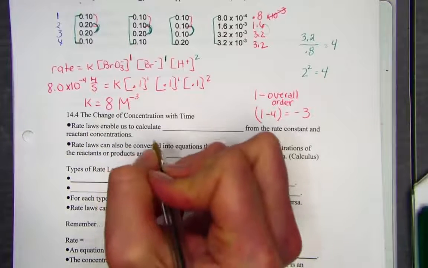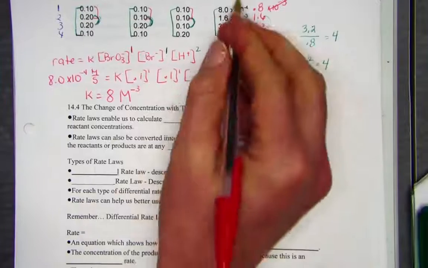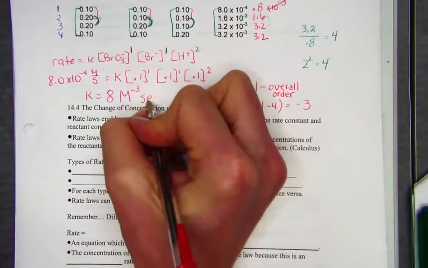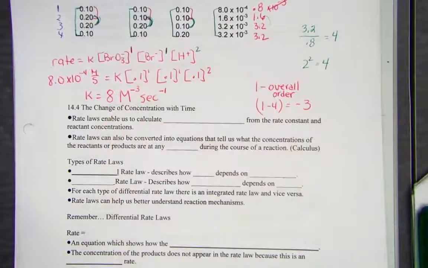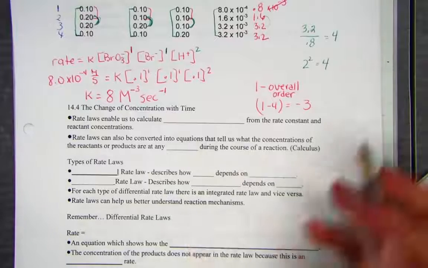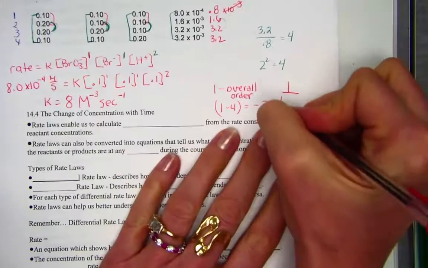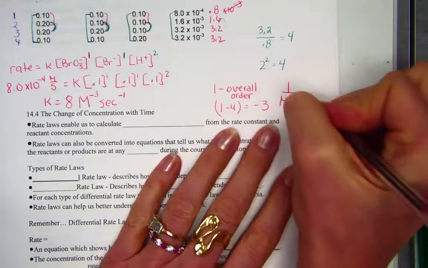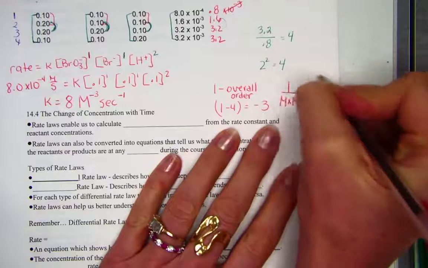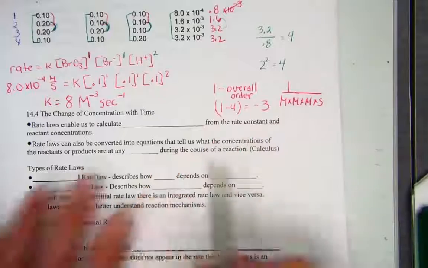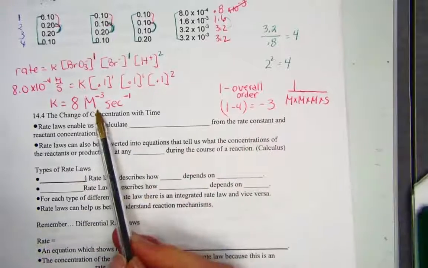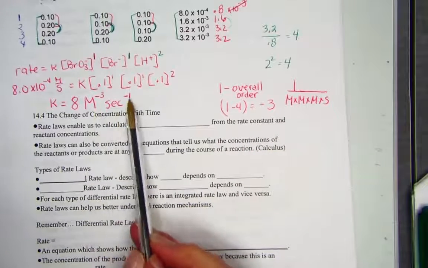Molarity to the -3rd. Time here is in seconds, so we go seconds to the -1. That would be written as 1 over molarity times molarity times molarity times seconds. Instead of writing it this way, we'll see it written in terms of molarity to the -3rd, seconds to the -1.